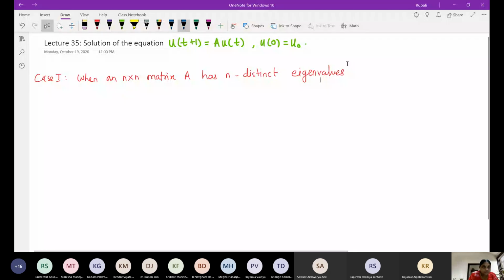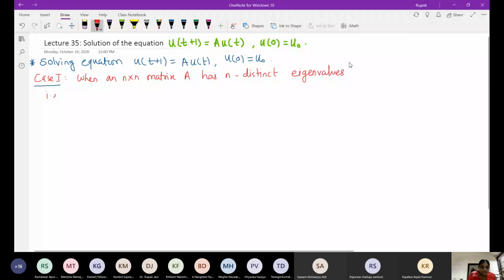So we are solving the equation u at t plus 1 is equal to A u at t, u at 0 is equal to u0. If an n by n matrix A has n distinct eigenvalues, it will have n linearly independent eigenvectors, right?